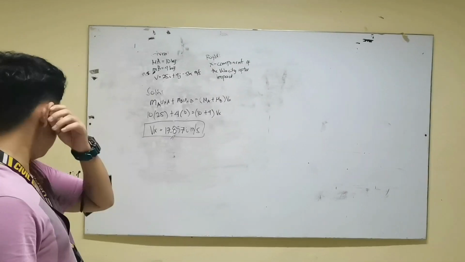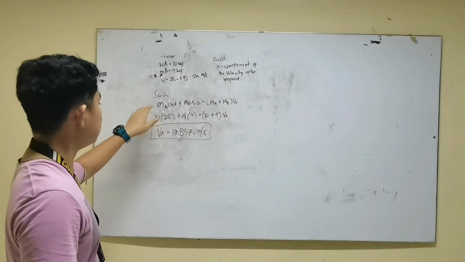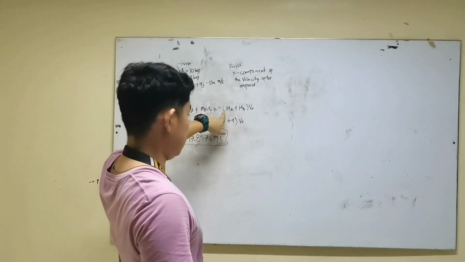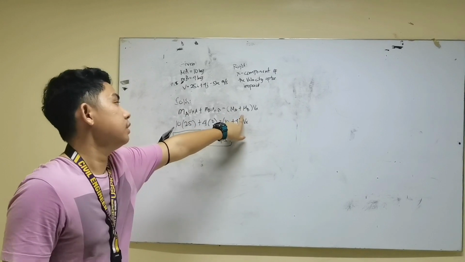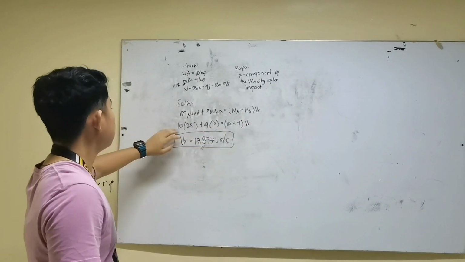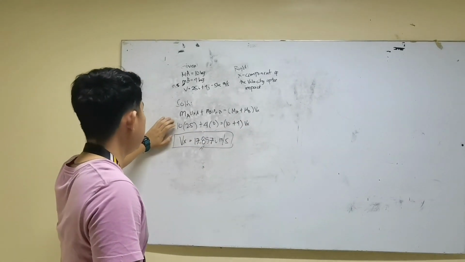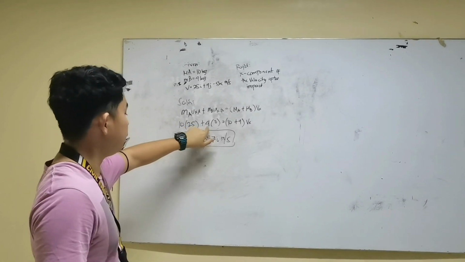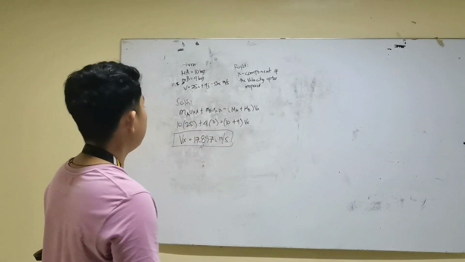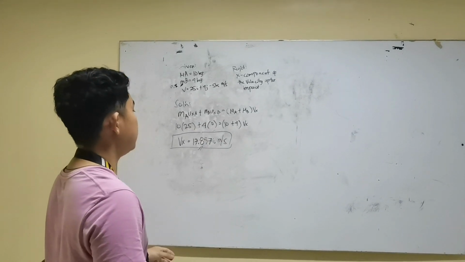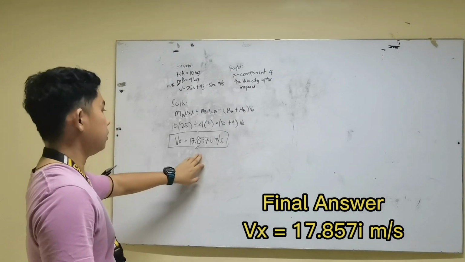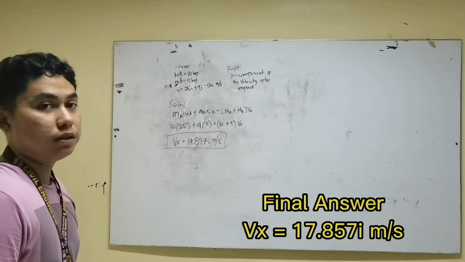So the solution is ma times u xa plus mb times u xb is equal to open parenthesis ma plus mb times bx. So the mass of our object A is 10 kg times 25 plus 4 times 0 equals to 10 plus 4 times bx. We will get the value of 17.857 I meter per second.